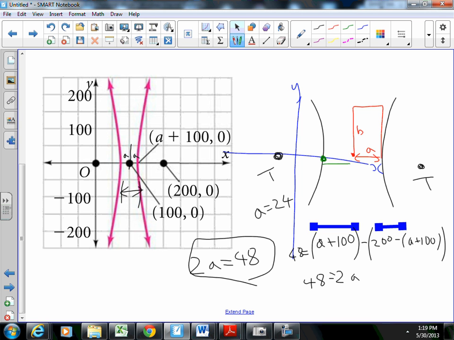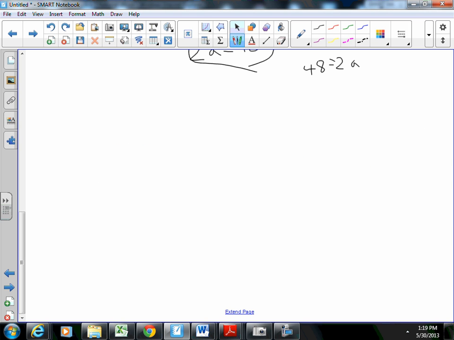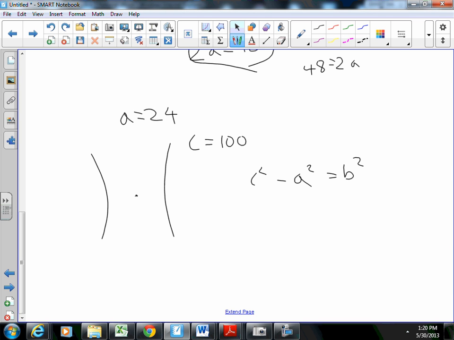What's B going to be in this case? What do we know? We know C, don't we? Let's extend the page down here. We know that A equals 24 now. We know that C equals 100. So we can use the fact that c squared minus a squared is going to give us b squared.